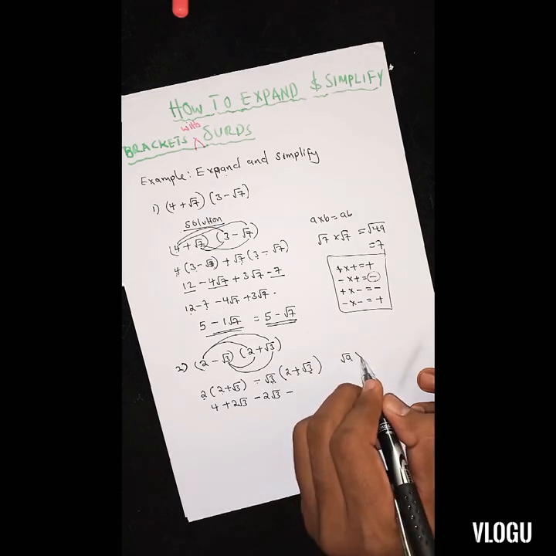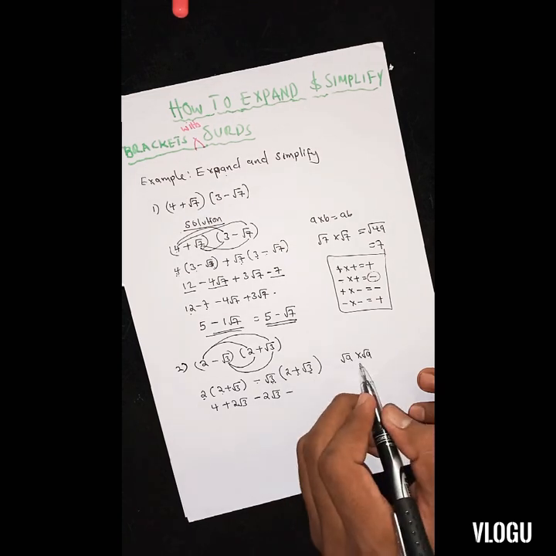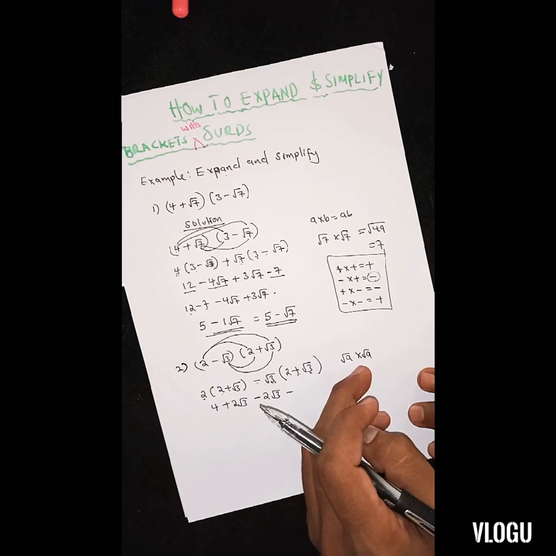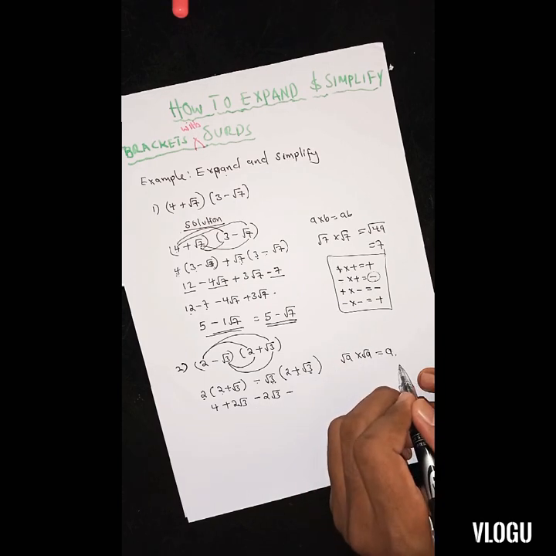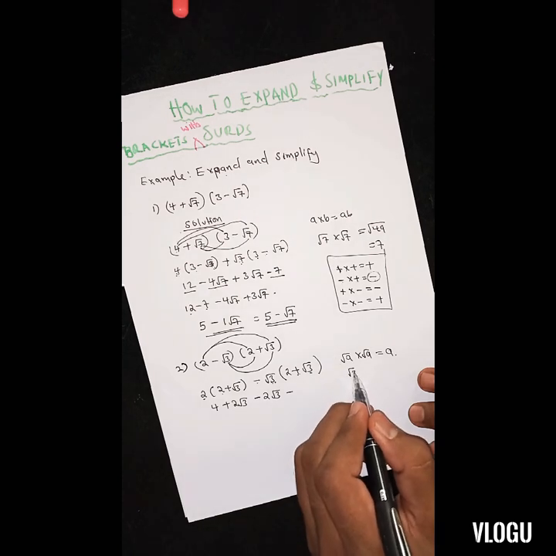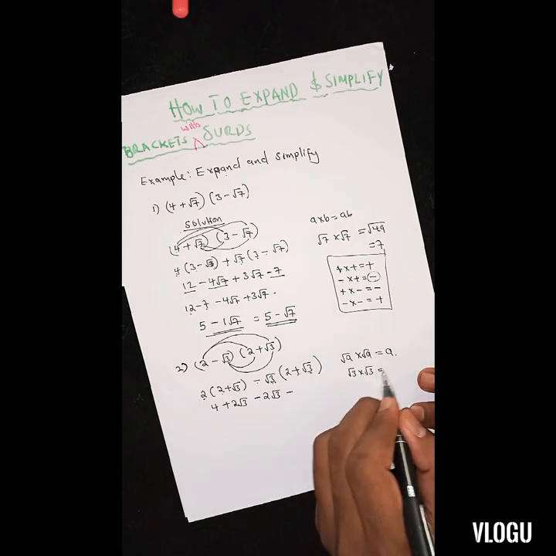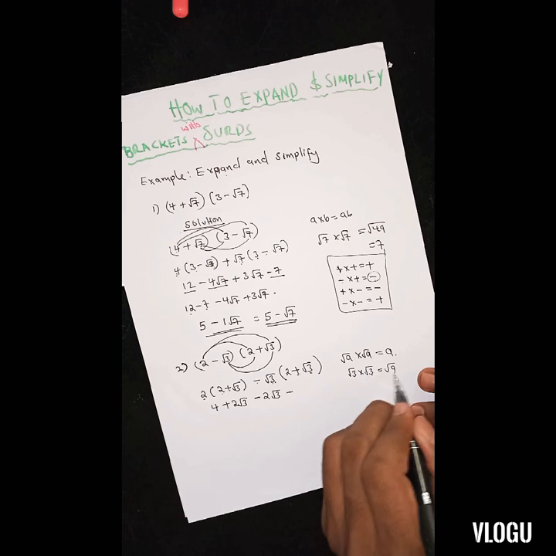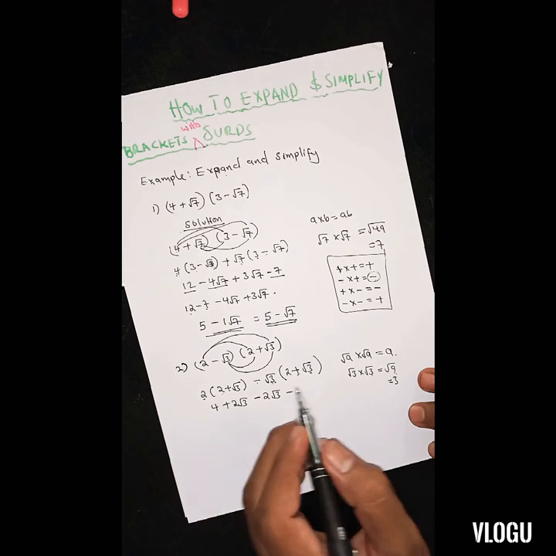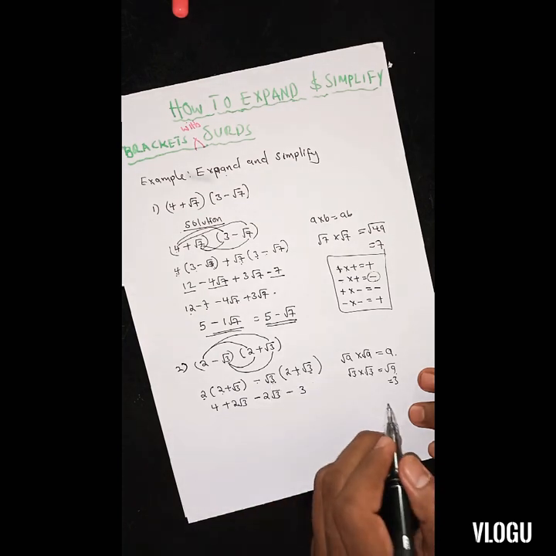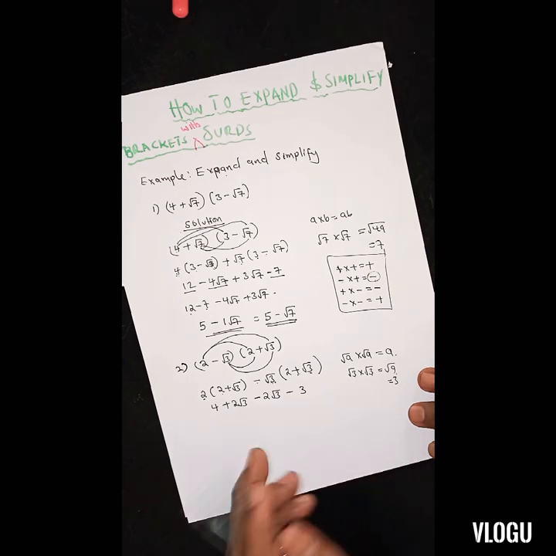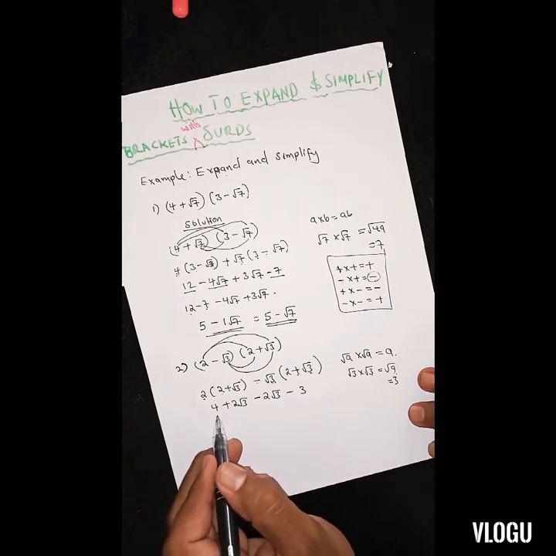Remember, whenever you multiply same roots, a number that is same under the roots, you'll get the number. In short, if you multiply root 3 times root 3, you will end up having 3 times 3, that is 9, root 9. And we know we have an exact root for 9, which is 3. So simply, when you multiply root 3 by root 3, you will have 3 without the root. So next, we collect the like terms together.